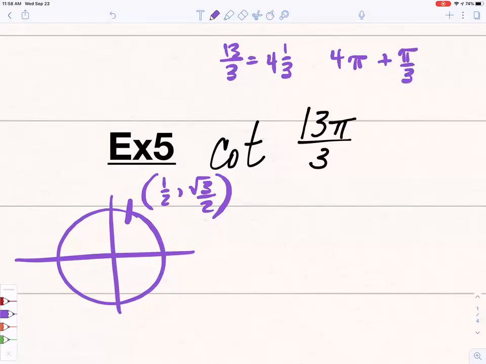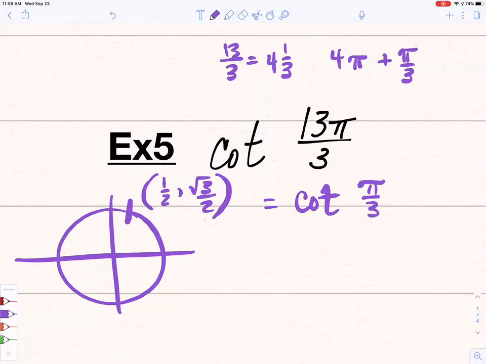Now, talk to me about how to find cotangent. What are some different ways that we can look at cotangent? Cosine over sine, x over y, adjacent over opposite, okay? So if we did x over y here, I'm going to write down cotangent of pi over 3.